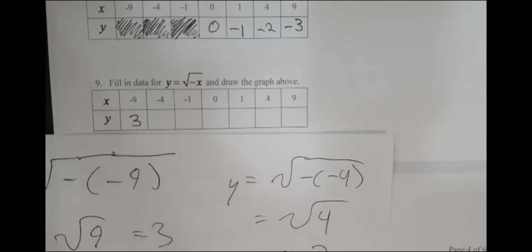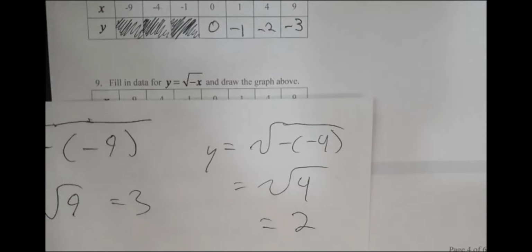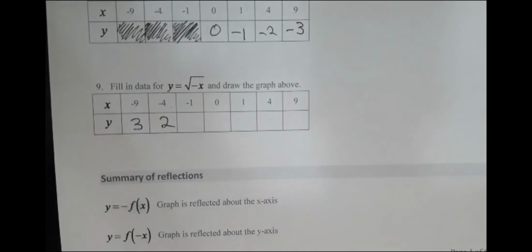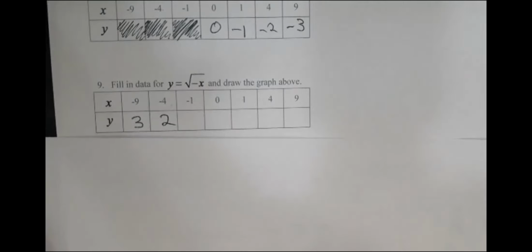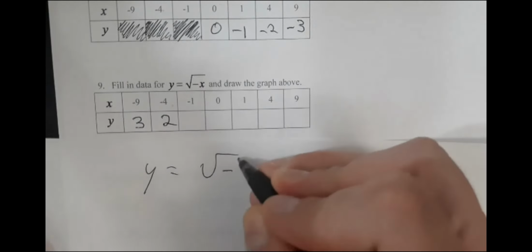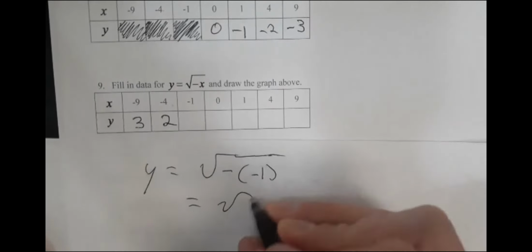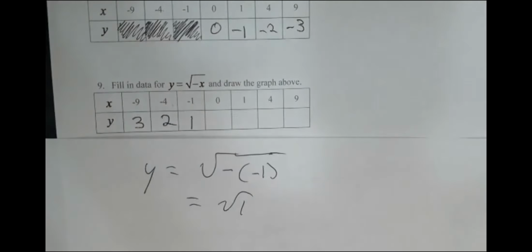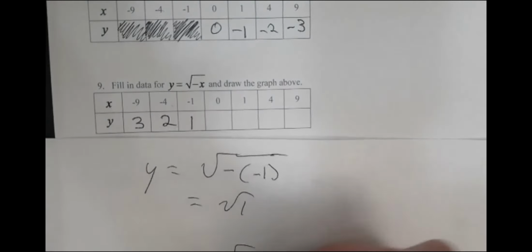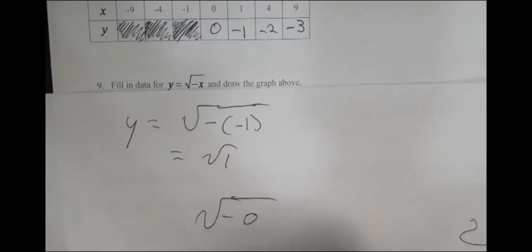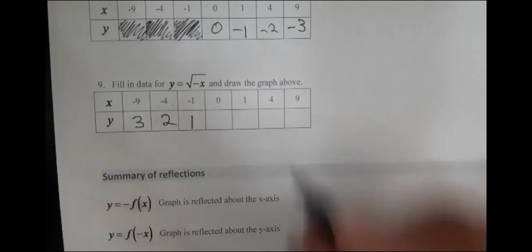And I'm getting a positive 2 here. So these are giving me solutions. So y equals square root of a negative x, and x is a -1, double negative, so this is the square root of 1, which is 1. I'm going to get the square root of a -0. -0 is just 0, so this one is giving me 0.